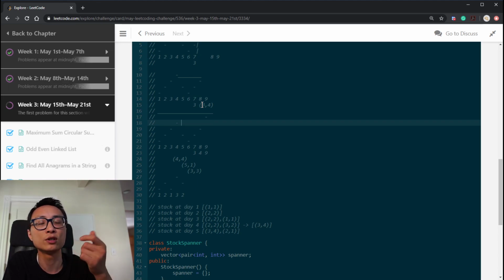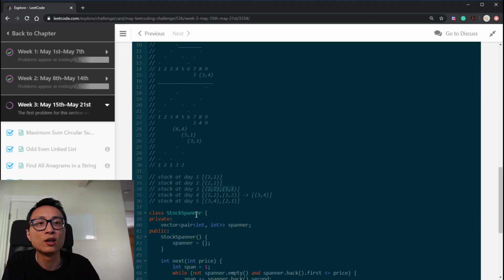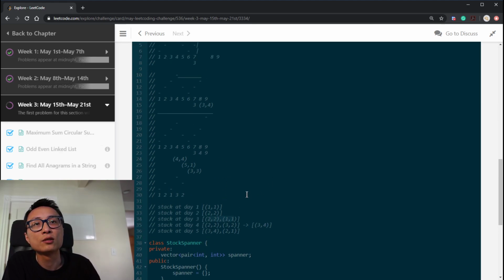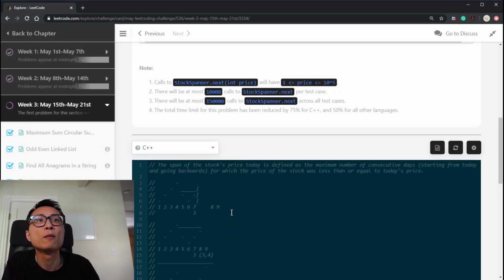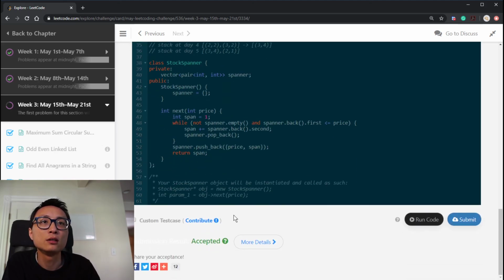That's the worst single operation case, because we have to go back and add one more day, add one more day to consolidate all these tuples on the stack. That single operation will take order of n, but throughout the lifetime, the average use of this operation, I think, is constant. Yeah, so that's the question today.